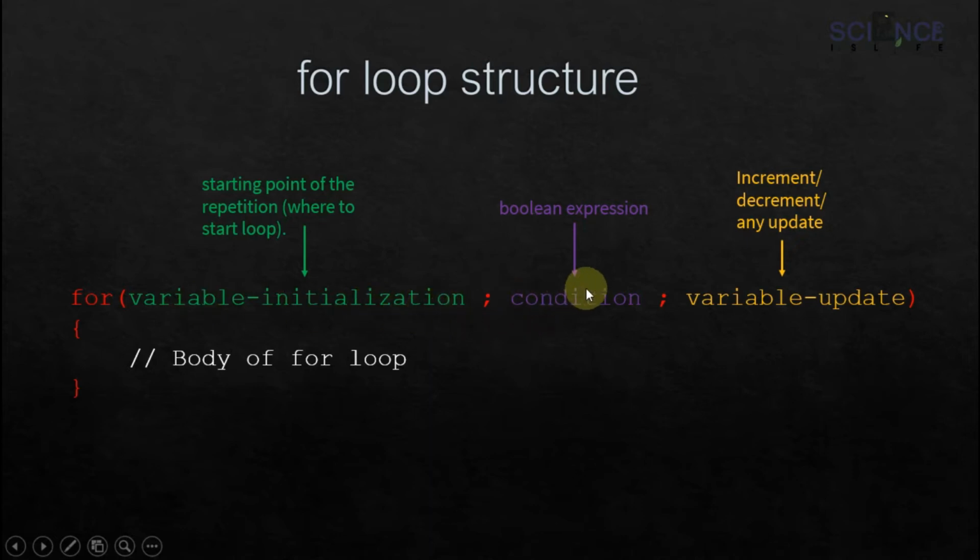Then you need to mention a boolean expression, a condition here. Then in the third part, you need to update your variables. Here we have initialized our variable, and here we need to update this variable so that it changes its value. That is how we can continue this loop.